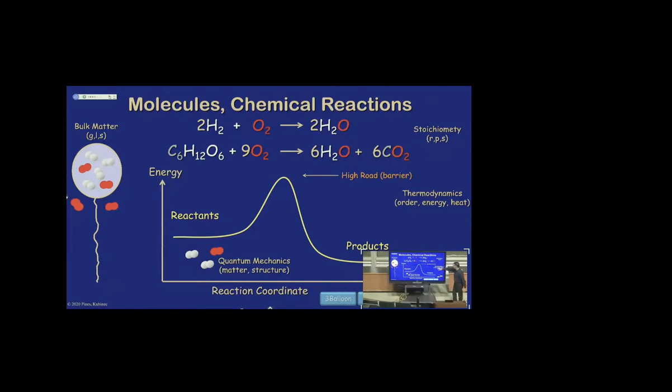We've done the order, energy, and heat, talked about thermodynamics, and bulk matter. We looked at changes in phase and the differences between bulk matter, especially the condensed versus the gas phases. We talked a lot about the gas phase.